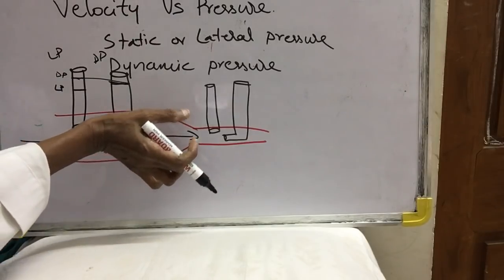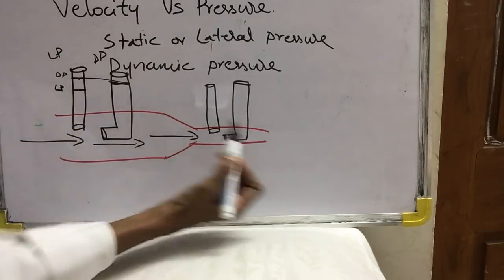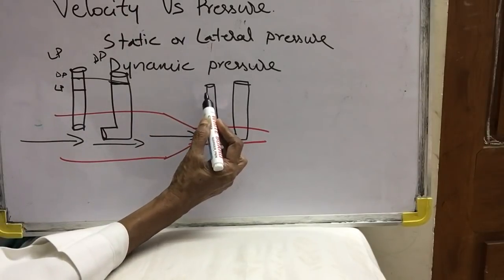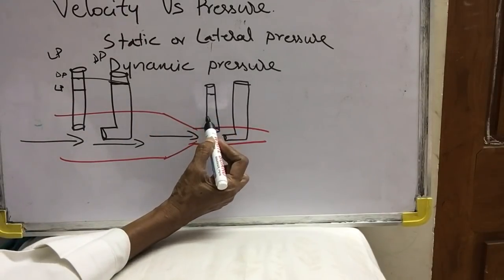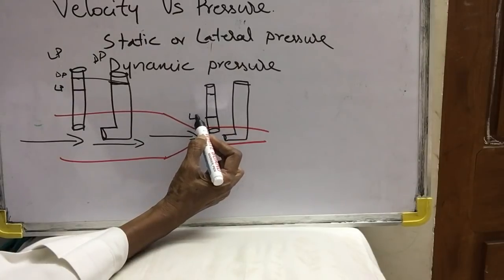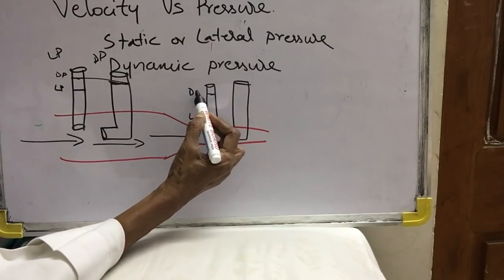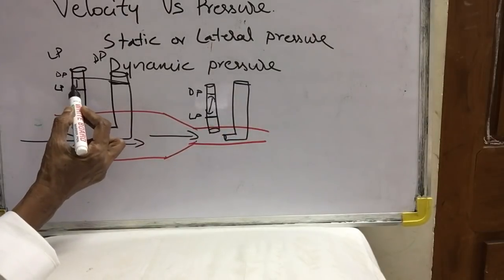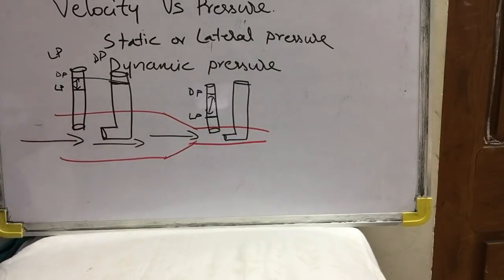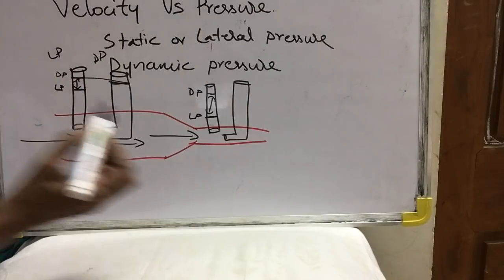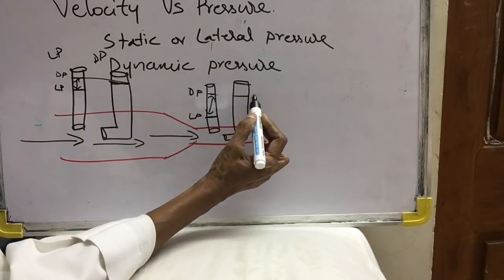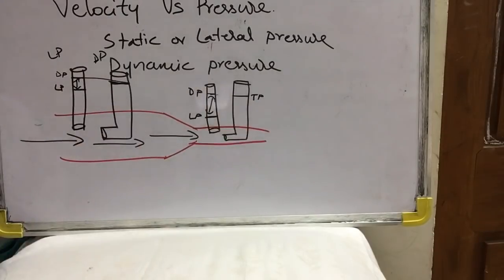Since the vessel is narrowed, the velocity of flow will increase, and that will increase the dynamic pressure, whereas the lateral pressure will be decreased. This is the dynamic pressure, which is more compared to the dynamic pressure of the wider vessel, but the total pressure will be the same.